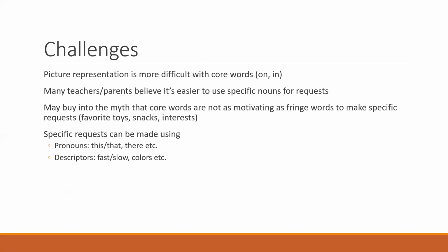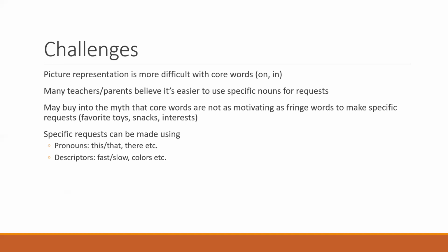The symbol, the icon for snack is going to get a user many different snack options. And specific requests can be made using either pronouns or descriptors. So we don't need those fringe words in order to make a specific request.